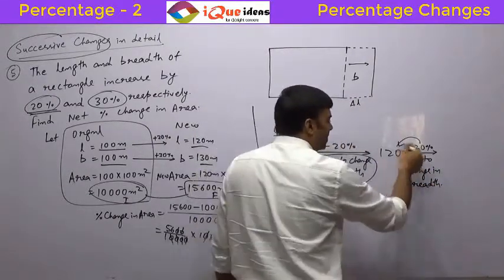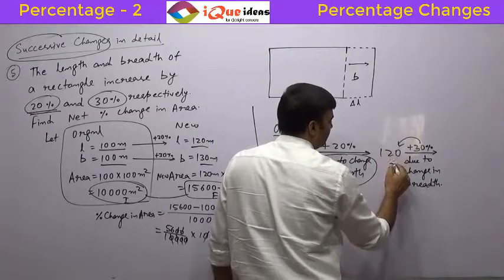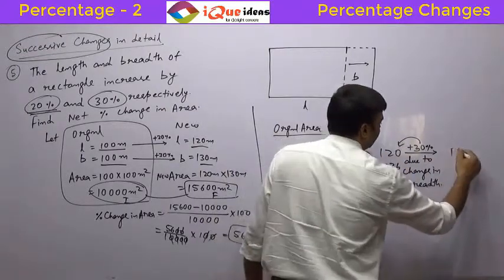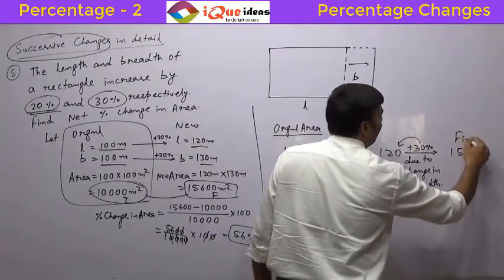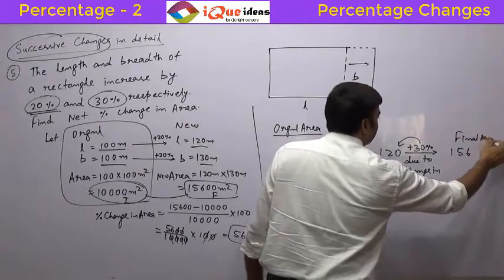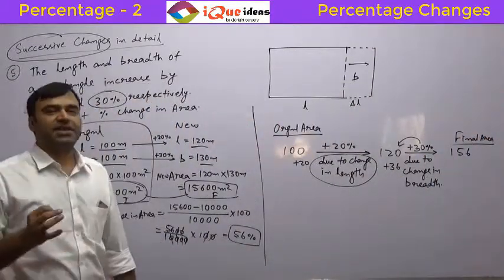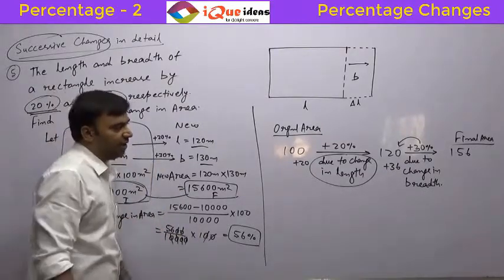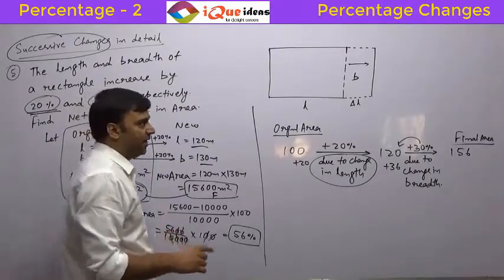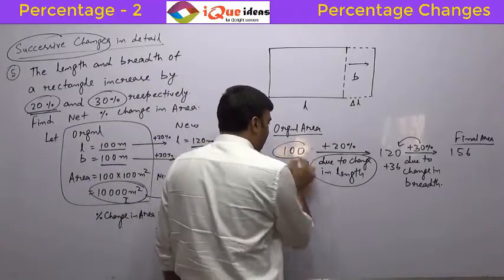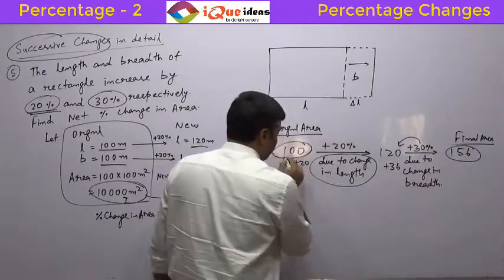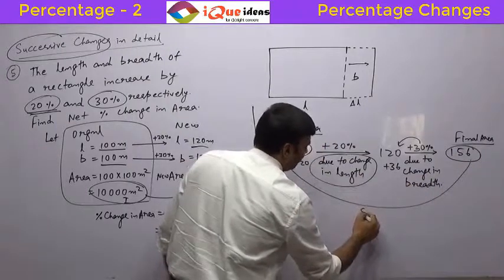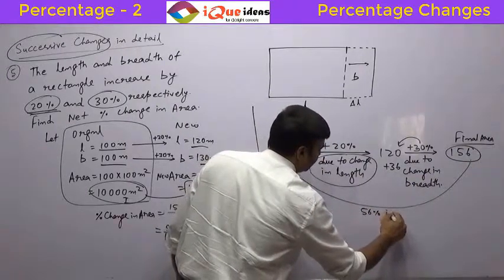Now 30% of 120, 12 threes are 36. So 36 is added, so it becomes 156. This is the final area. I repeat, whatever percentage change happens in length and breadth, the same percentage change will happen in area also, but one after the other. So initial area 100, final area 156, net change, as you can see, it is straight away 56% increase.